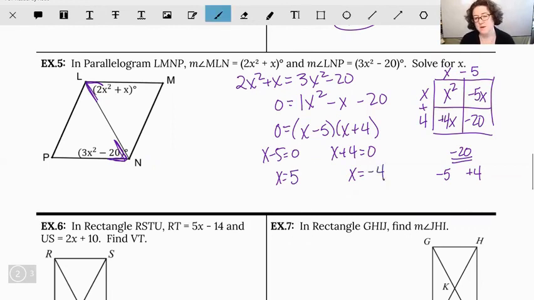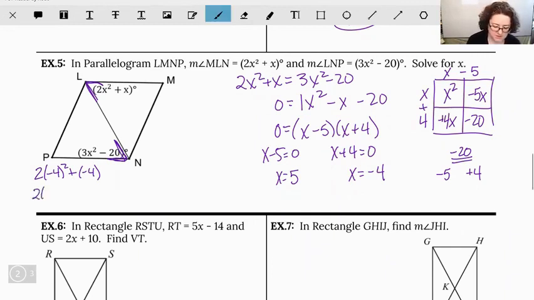And so we want to double check, could both of these work? It's this negative answer that I'm worried about, because we can't have any negative lengths or negative angle measures in geometry. So if I plug that back in, let's see, if I plug that into 2x squared plus negative 4, well, any value that's negative that we square, we always get a positive answer.